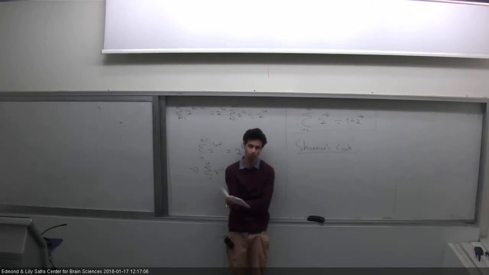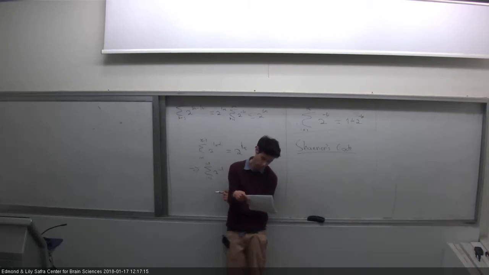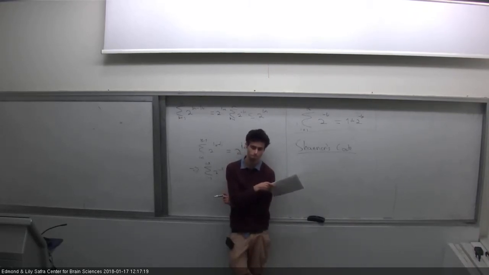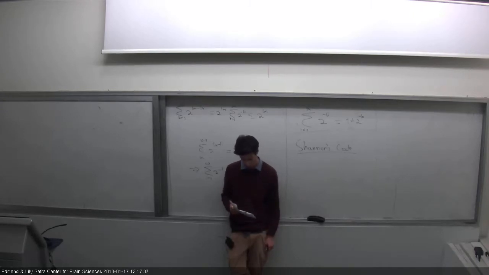What is the problem? Why can't I choose the length of each code word to be log of 1 over pi? Right, the length must be an integer, and in this case there is a possibility that it will not be an integer.